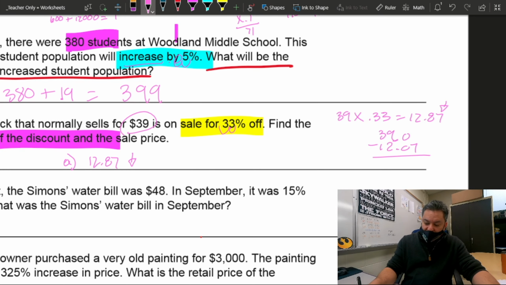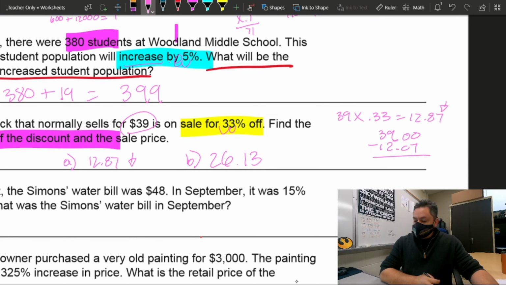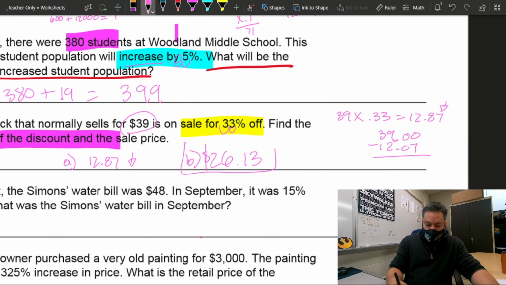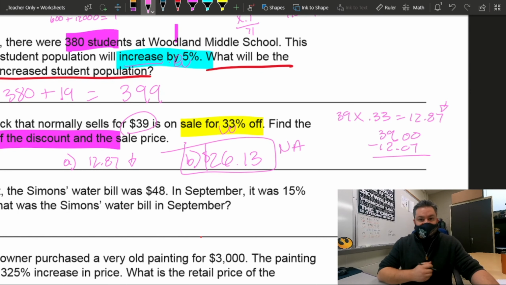So you add 2 zeros if you want to, or you have to because you're subtracting. So when you subtract, you get the new sales price that you're going to pay before taxes, $26.13. So this is the new sales price, the new amount. That's the price after discounts. Any questions about that one?